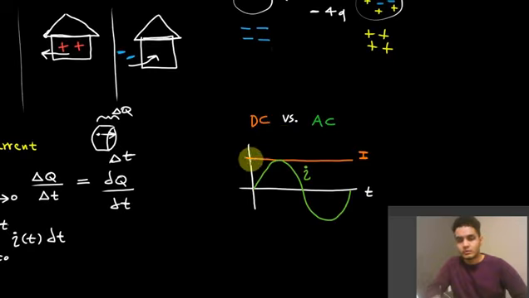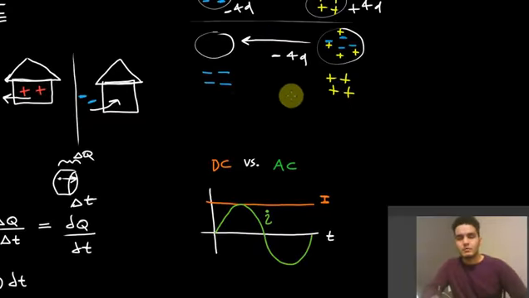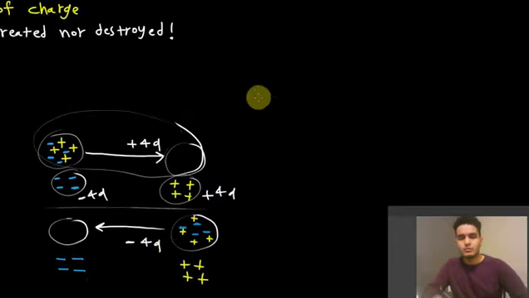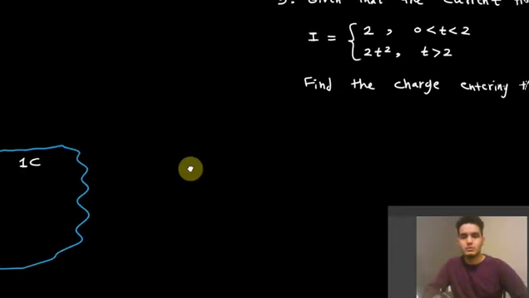So direct current is just you apply a DC voltage, you're going to apply a constant voltage across a resistor, you're going to get a constant current, at least ideally. Now for the alternating currents, you're going to be applying an alternating voltage across a certain load, and you can have this alternating current. Okay, now let's move on to the quiz.